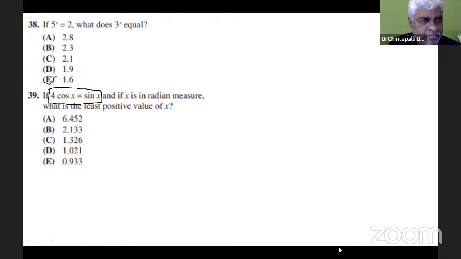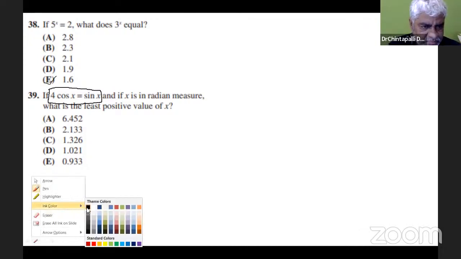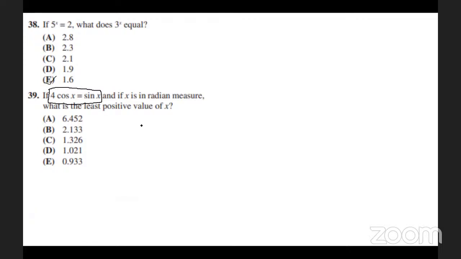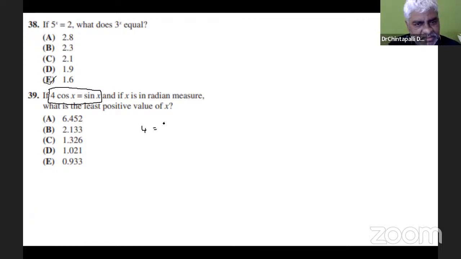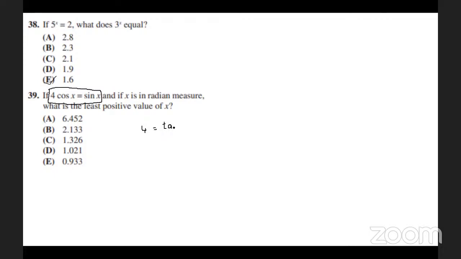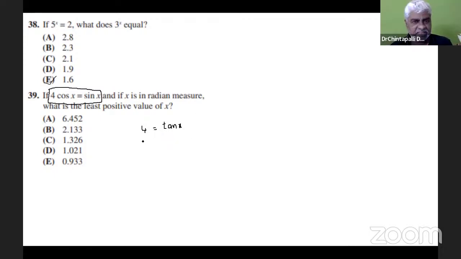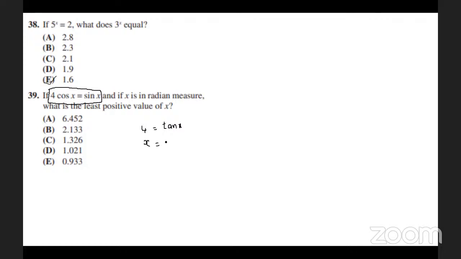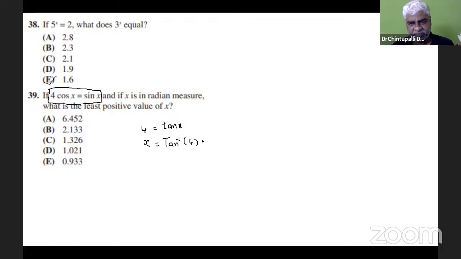What happens? 4 equals sin x by cos x, which is tan x. Use a calculator to find the value of x. That means x is equal to tan inverse of 4, which is 75.96, roughly 76 degrees.